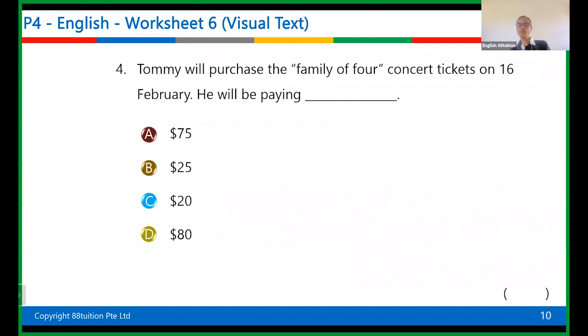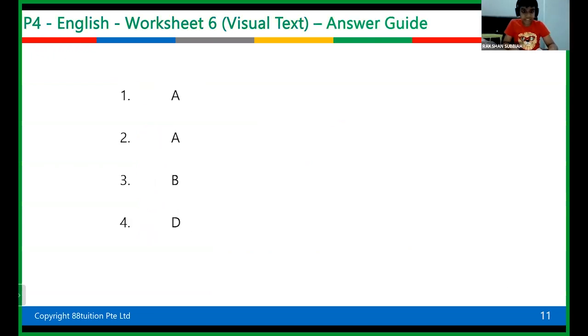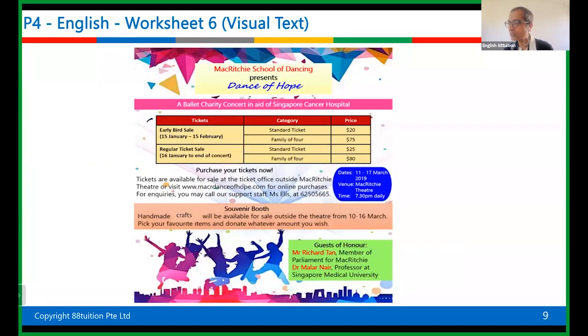Okay, let's look at number 4. Tommy will purchase the family of 4 concert tickets on 16 February. Then it's the regular ticket still. So it's $50, regular ticket price, right? Look at the regular ticket, 16 February. $80.